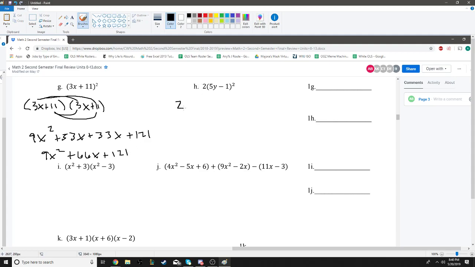Okay, this is 2, 5y minus 1, 5y minus 1. So let's distribute. So 2 still in front, but now this is a 25y squared minus 5y minus 5y plus 1. 2 is still in front.